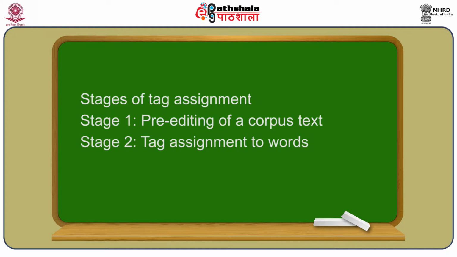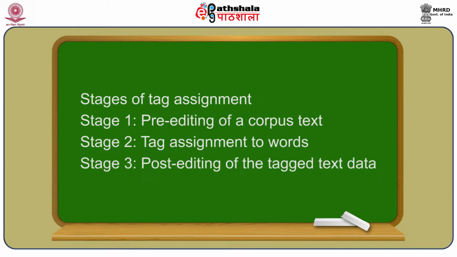Then the third stage is post-editing of the target text data. Once the data is tagged, we make it open to match with the existing tagged versions. Two ways are normally applied to analyze or post-edit the data. This is basically a stage of error removal, checking, validation and verification.